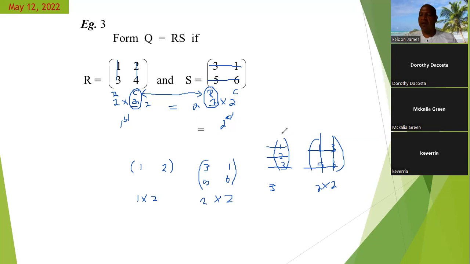And then now column comes down. So how many ways can you draw a line coming down? 1. I only have 1 set of numbers coming down in a straight line. So in that case, you only have 1 column. So in terms of the order, you have 3 rows and 1 column.